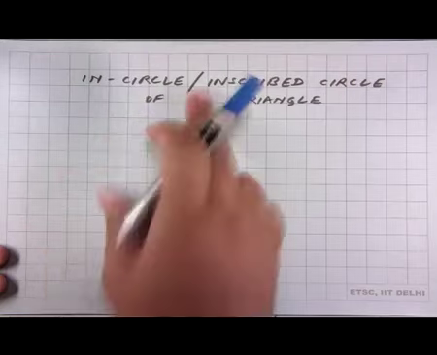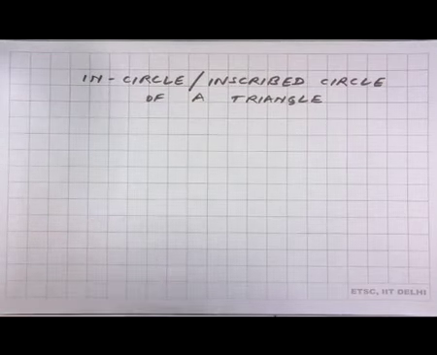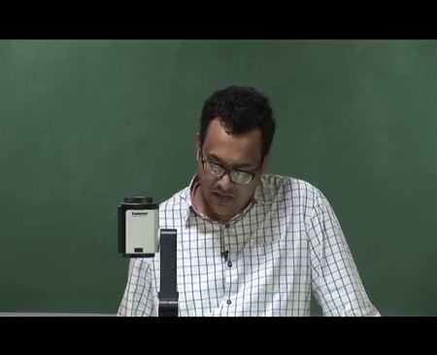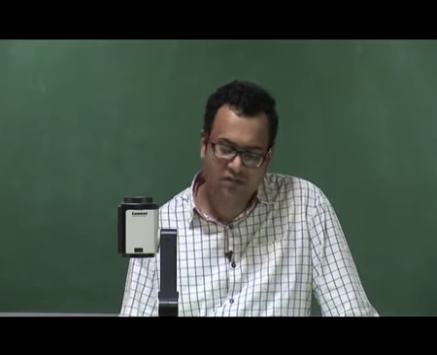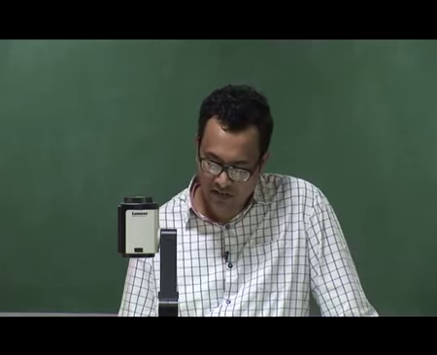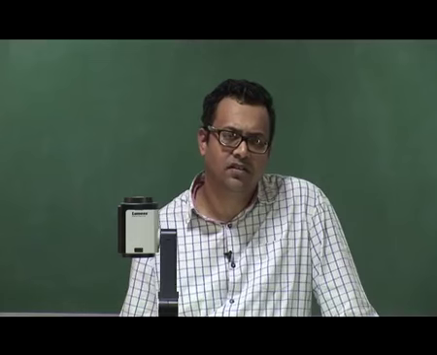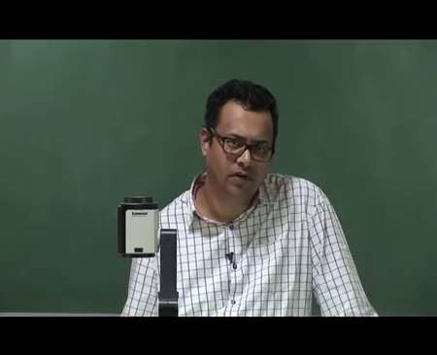The incircle is the unique circle which is entirely inside the triangle, and for which all the 3 sides of the triangle are tangents, or basically this circle touches each of the 3 sides at exactly one point.